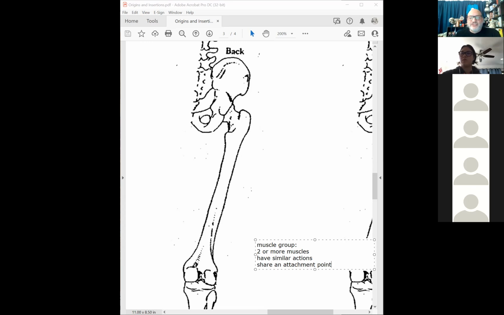So you're right. It has to share an attachment point, either the origin or the insertion. In some cases, it'll be both, but they have to share at least one. So that's something to look for while we're looking at these muscles of the hamstring. Now, let's start with that in mind with our biceps femoris.